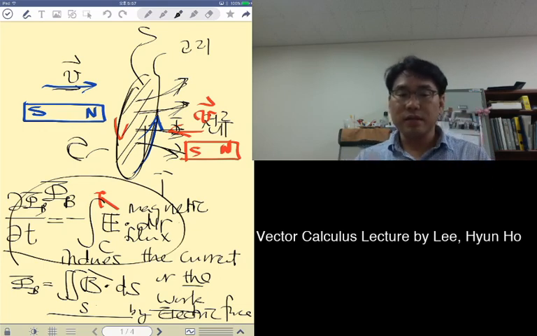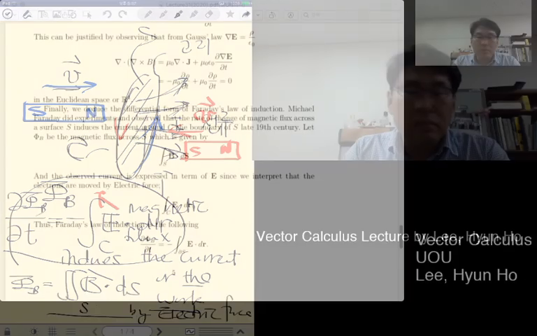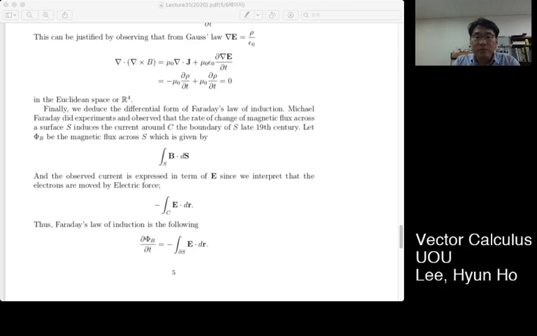So let's come back to the PDF file now. This one is the flux of B throughout S. I said that the time change of this flux is equal to the work done by the induced electric field.